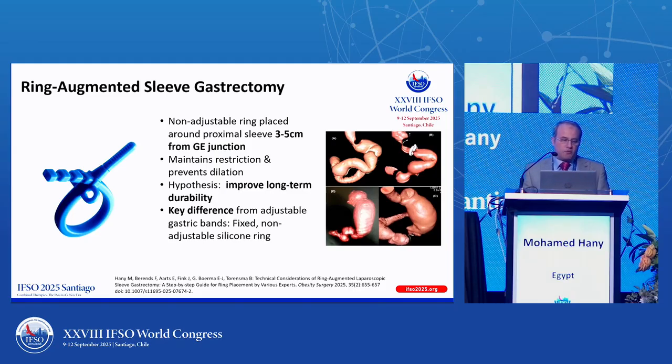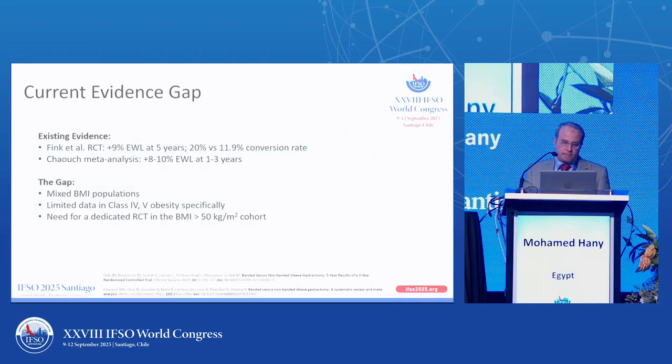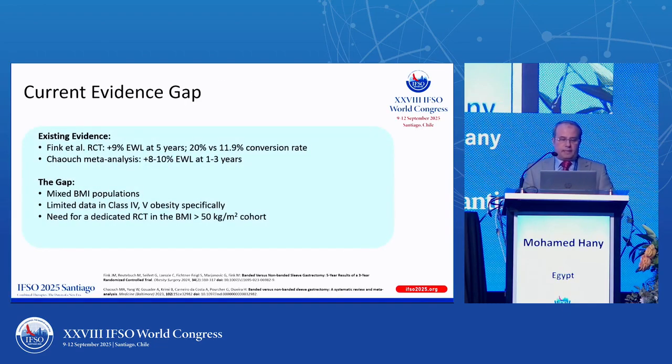So the ring augmented sleeve gastrectomy: the ring itself is a non-adjustable ring placed around the proximal sleeve 3 to 5 centimeters from the gastroesophageal junction, with the hypothesis that it maintains restriction and prevents dilatation. The evidence is present but limited.